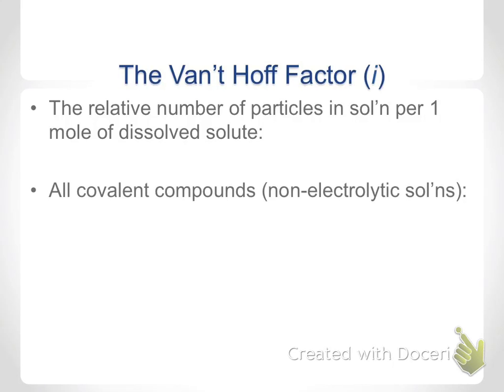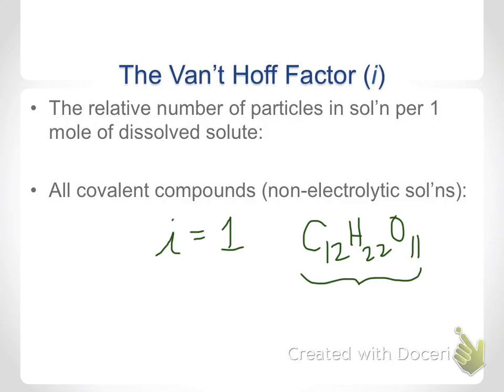For all covalent compounds, something that's not electrolytic, it's not going to conduct electricity, there are not going to be ions in solution, so the i value for a covalent compound is always 1. Something like table sugar, C12H22O11, because that is covalent, so no ions in solution, has a Van't Hoff factor of 1.